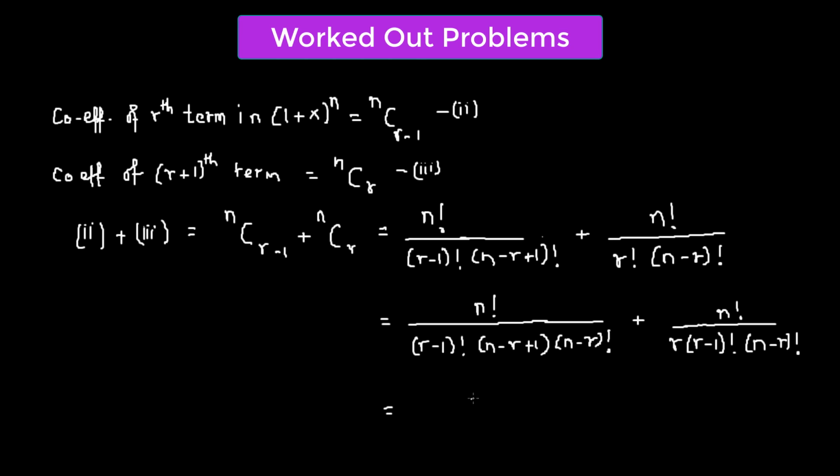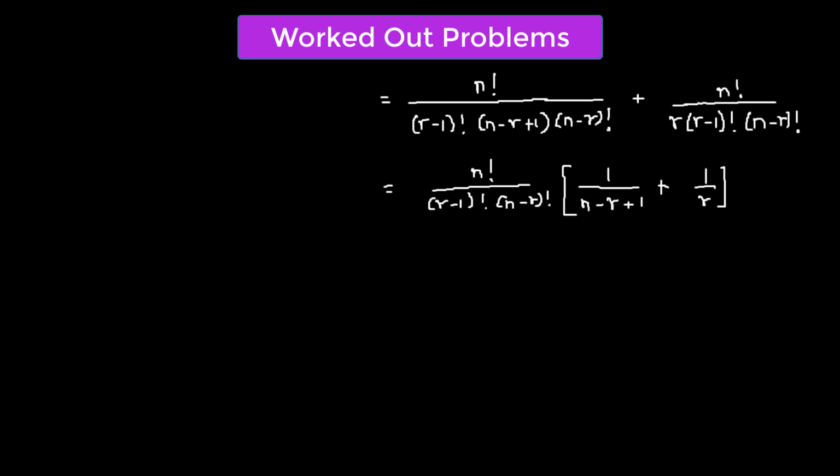What we're going to do is take n factorial over (r minus 1) factorial times (n minus r) factorial common. So this leaves us with 1 over (n minus r plus 1) from the first term, and then we have 1 over r in the second term. Let's add the two fractions.